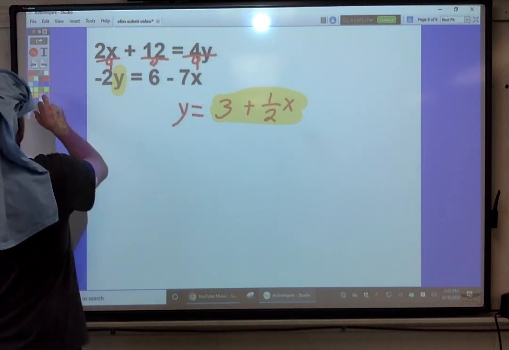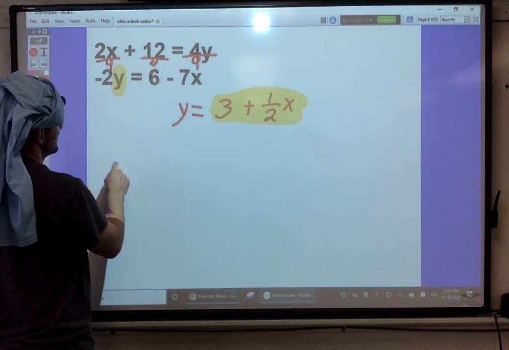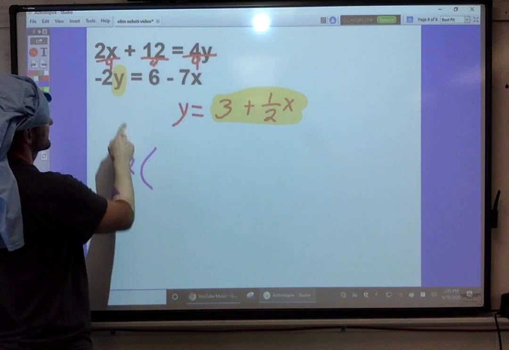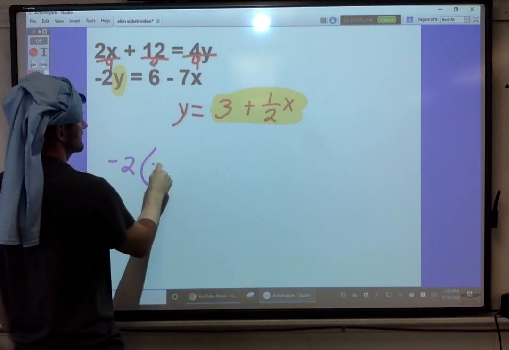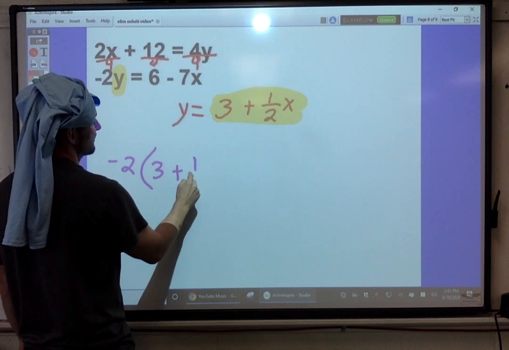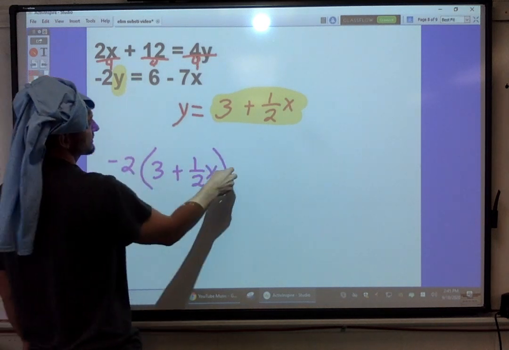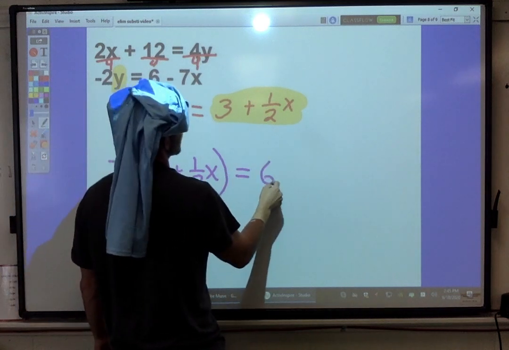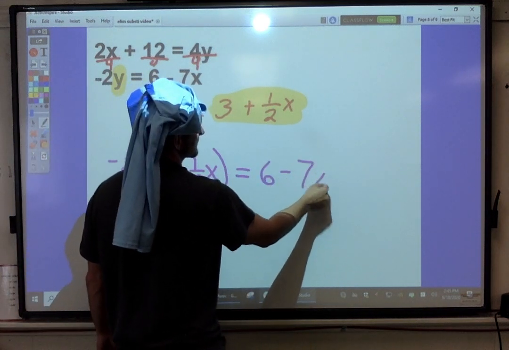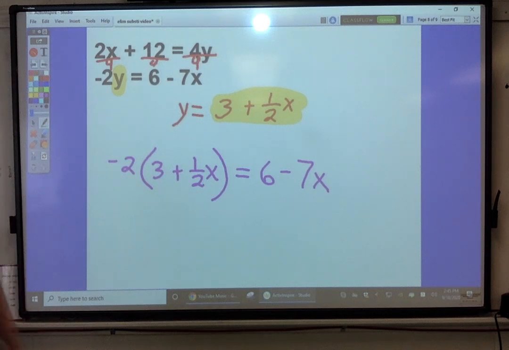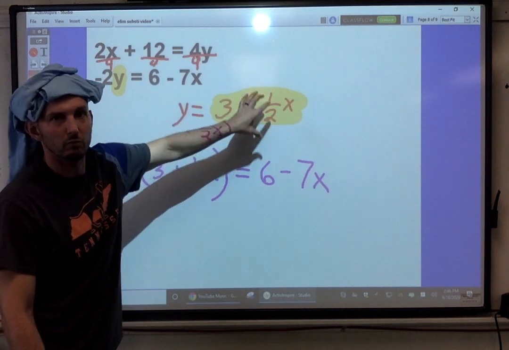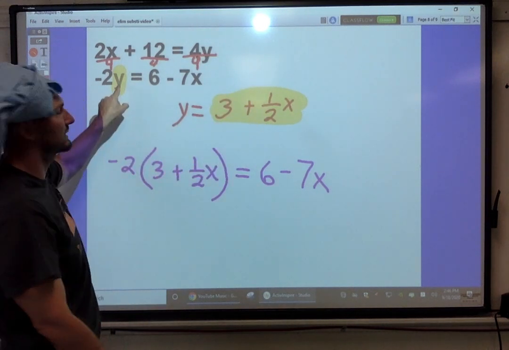Let's rewrite it as -2 times, but instead of y, it's all this. So I'm going to have some distributive property to go with here in a minute. And then equal sign, 6 minus 7x. So again, we took this stuff, that's what y is equal to, and just plugged it in right there.